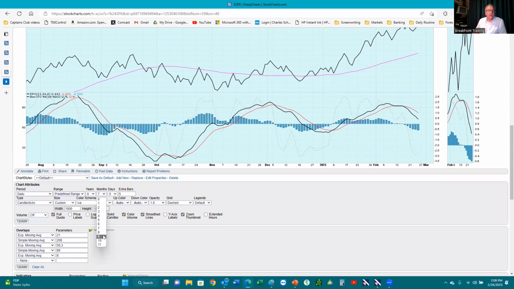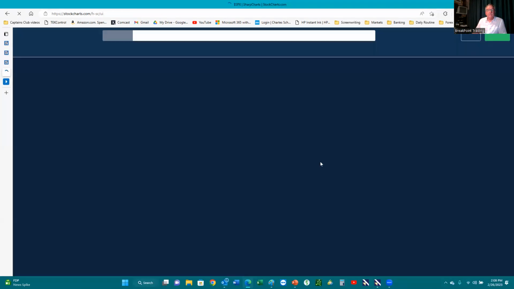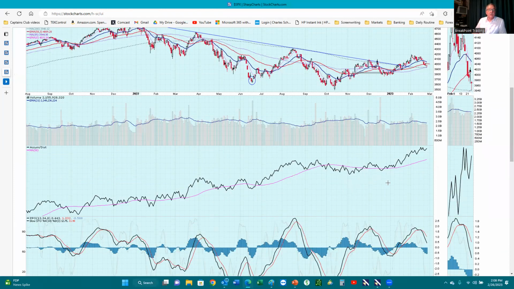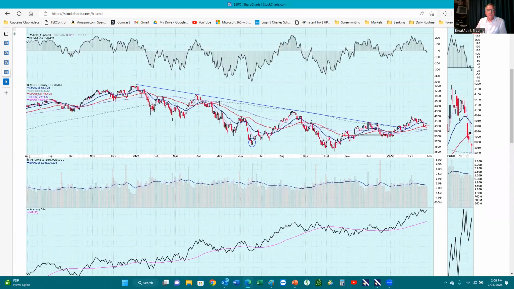Let's go back 12 months and take a look. I'll go back a year and a half and take a look. So here's the accumulation distribution. Yes, it's at a 52-week high. Even as the market has continued to sell off, accumulation is occurring. In fact, accumulation since the beginning of 2023 in January has been accelerating much faster.